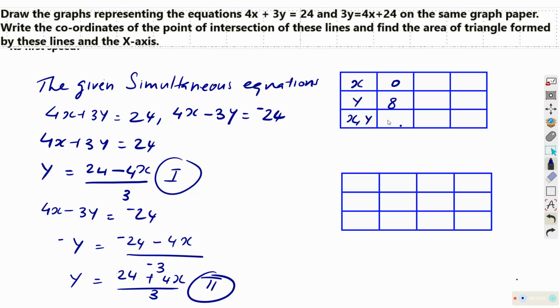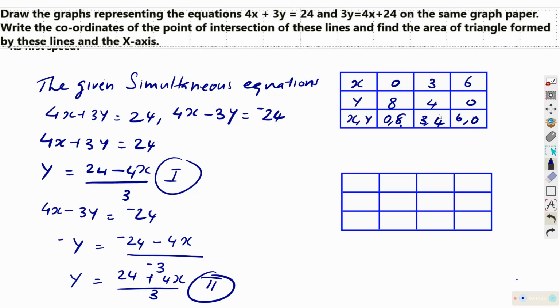Okay, 0 and 8 are the x and y values. In the case of x equal to 6, if you substitute, 24 minus 24 is equal to 0, so naturally you will have 0 there, and 6 and 0 are the points on graph.